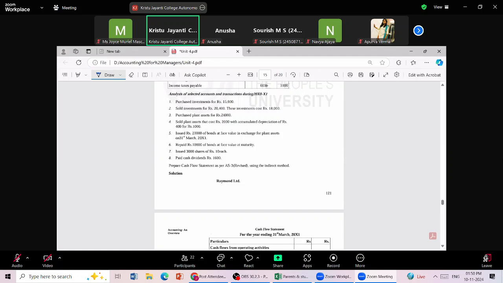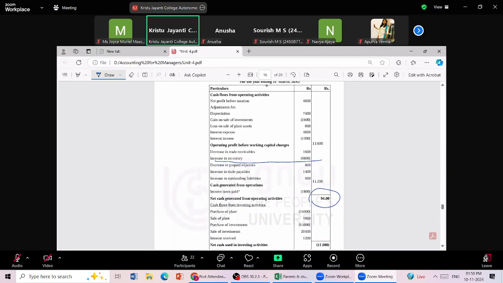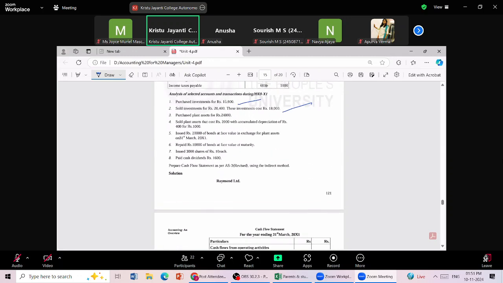So you can see here the purchase of investment 15,600, sale of investment 2,400. The purchase of plant 24,000, the cash is going, and the purchase of investment also 15,600, which is outflow of money, and sale of plant 1,000 rupees.